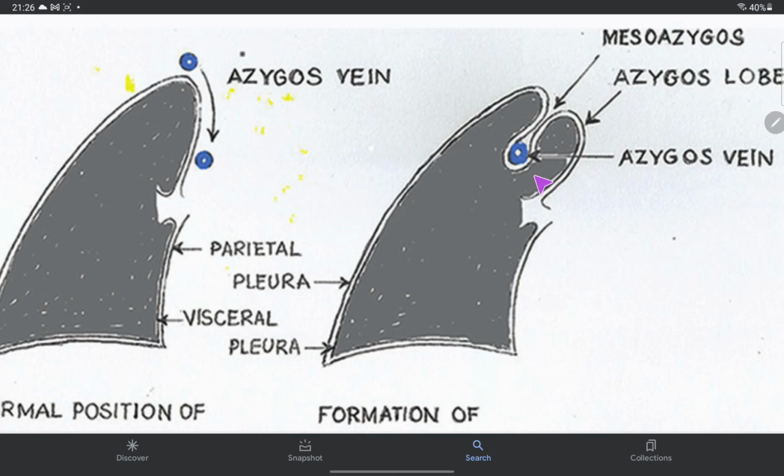This lobe lying medial to the Azygos vein can be called the Azygos lobe. So this is actually the lobe of the Azygos vein.